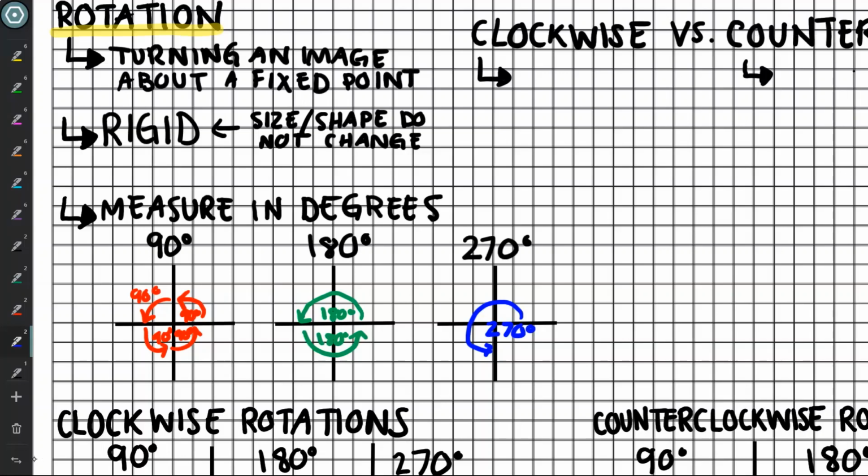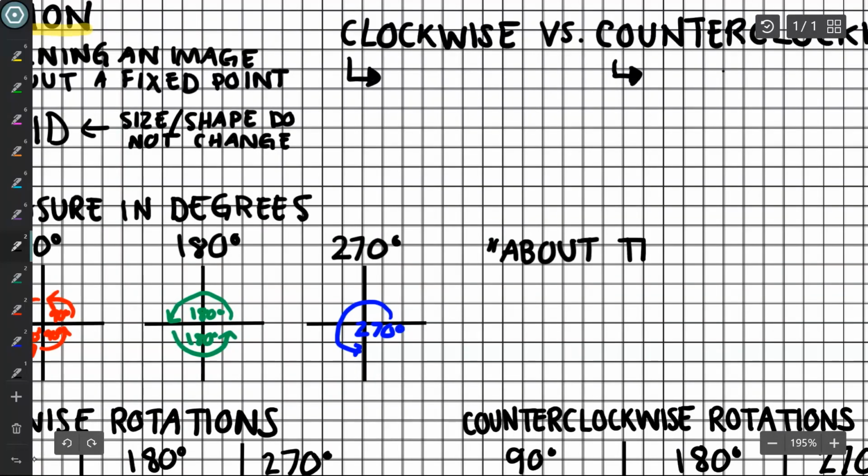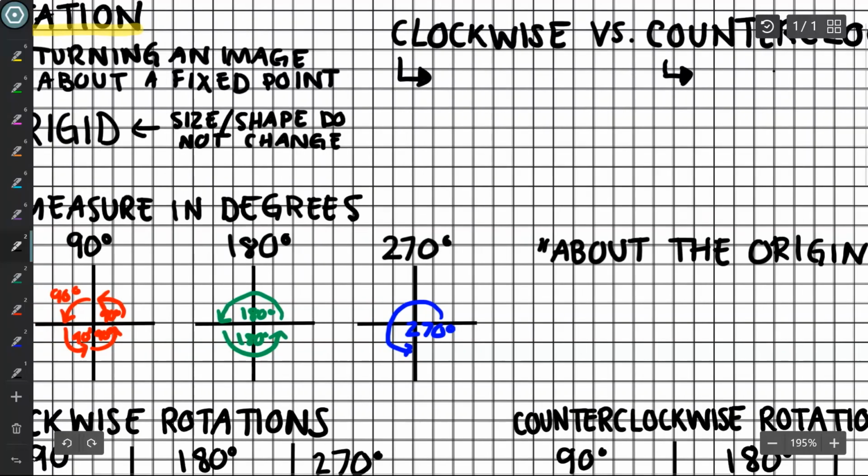So all of these rotations are what we call, or the phrase that we use, about the origin. Alright, so that just means that the place of rotation for all of these is the point 0, 0.